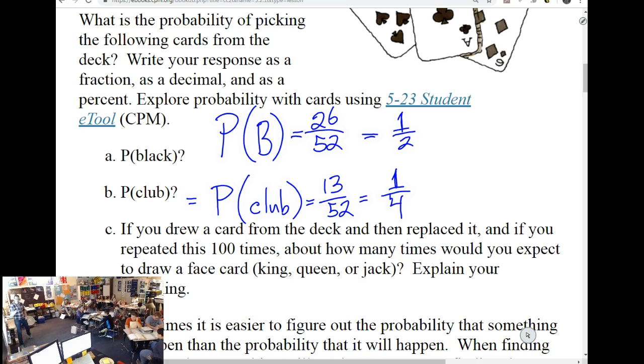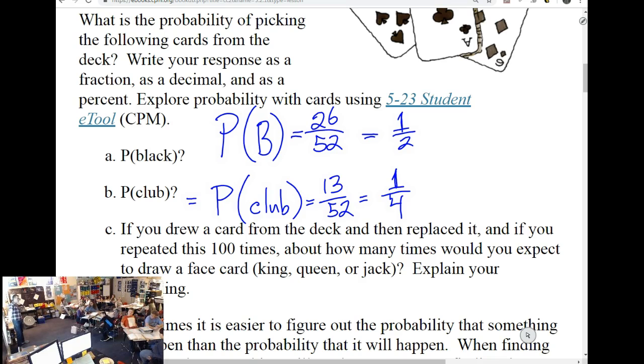Now, if you drew a card from the deck and replaced it, and you repeated this process 100 times, how many times would we expect to get a face card? Now, this is where it gets touchy. Some people think aces are face cards and other people don't. I don't really have a definitive answer for that, but here they're telling us King, Queen, Jack, right?